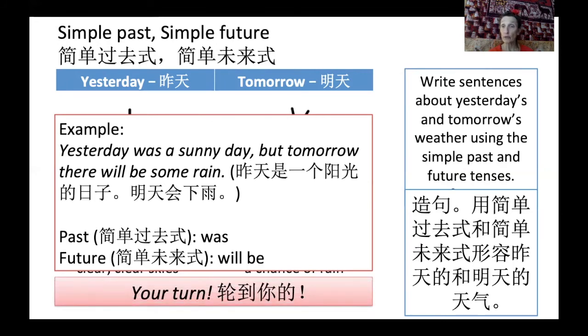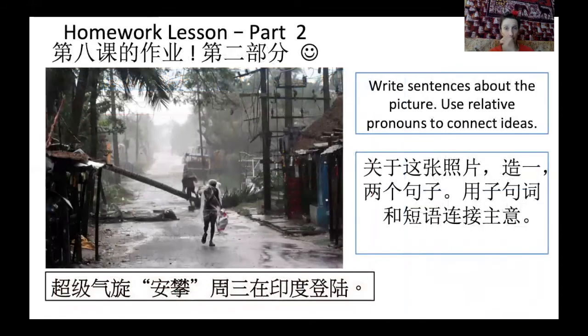But there's also part 2 to the homework. So what I want you to do in this part of it is to write sentences about the picture using relative pronouns to connect ideas. This is something that just happened.